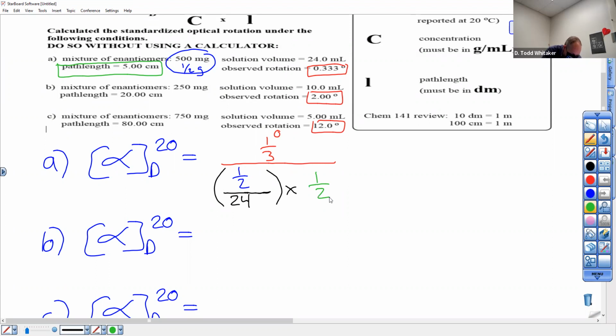There's not a lot of help right away. Go slowly, because for a lot of you this is math review. That's 1/24, 1/48 times 1 over 2.